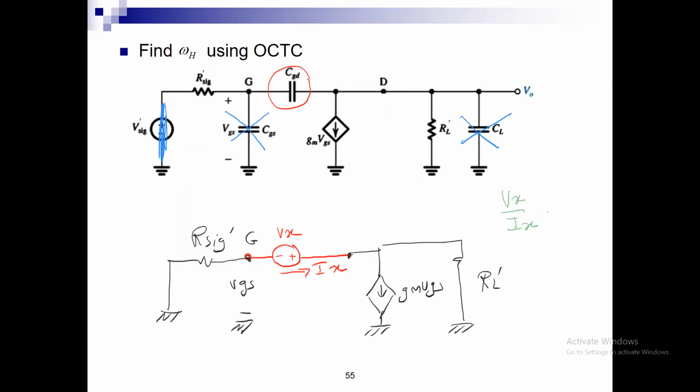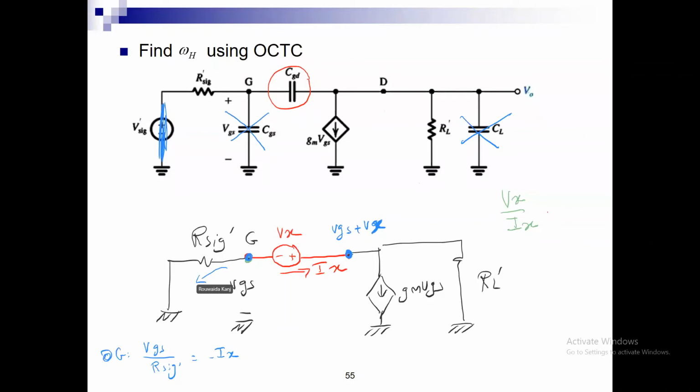Let me ask you a question. If this node is at VGS, what is the value at this node? VGS plus Vx. Great. Now I can have KCL at G. At node G, I know that VGS over R sig prime equals minus Ix, because this is the current that flows in it.